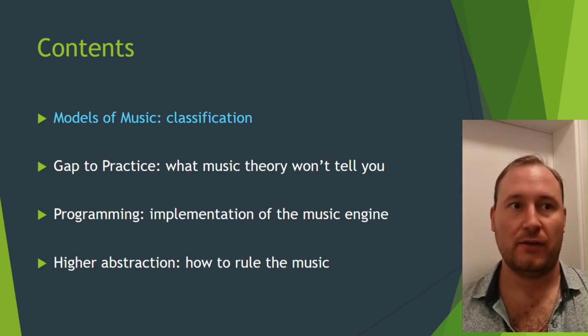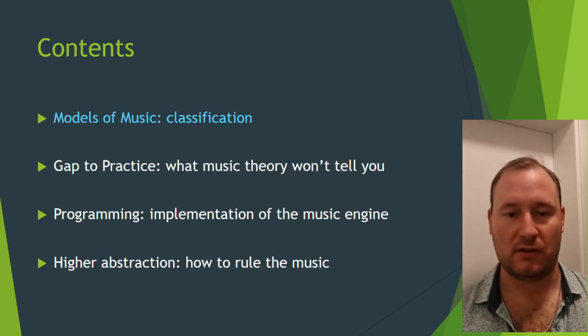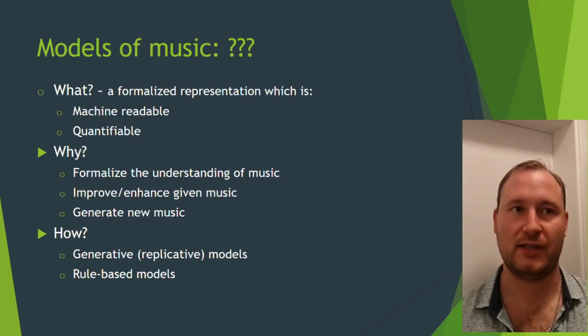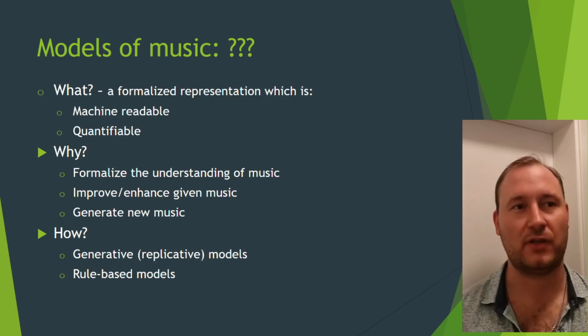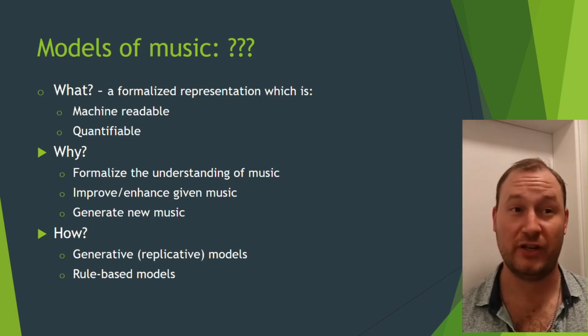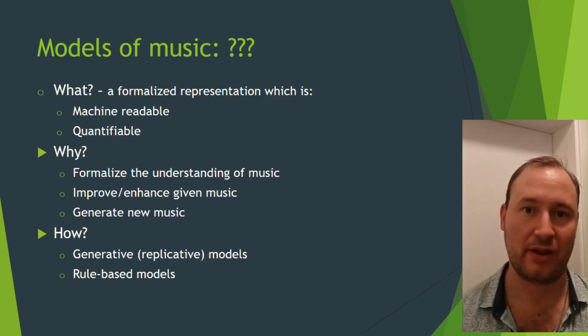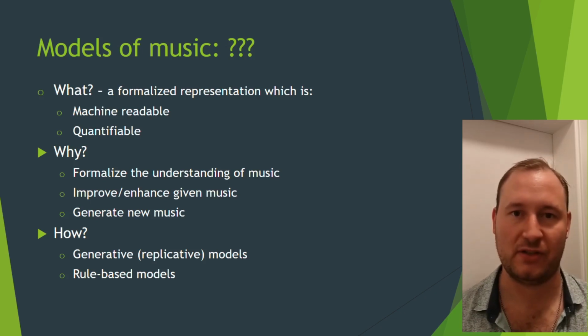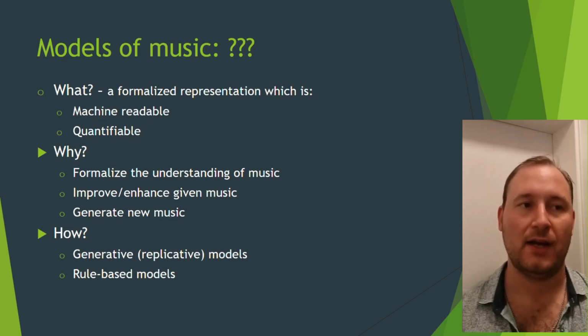So, first, let's talk about the classification of musical models. At first, let's answer the question, what is a musical model? It is a formalized representation which is machine readable and quantifiable, which means everything is measured and every parameter is provided with a certain numerical value.